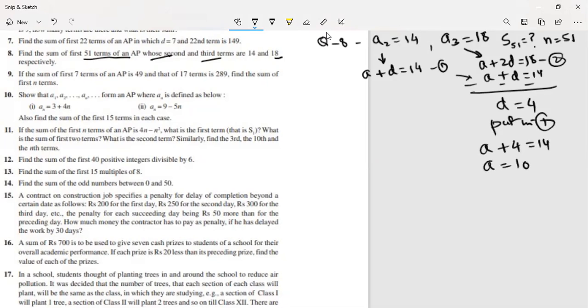We have A and D, and N is also 51. So we can find the sum of 51 terms.